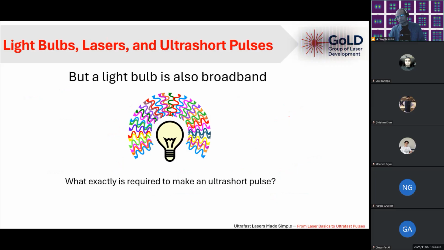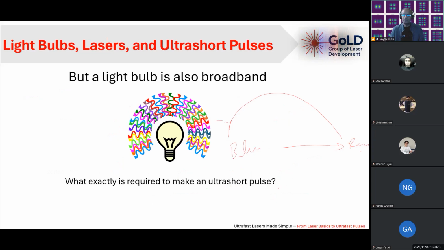Now, a simple question: light bulbs, lasers, and ultra-fast pulses. We know that the light bulb is incoherent. But in case of ultra-fast pulses, we need a broad spectrum. In case of a bulb, we have a broad spectrum. White light spectrum is very broad as well. If you use a spectrometer and take the spectrum, it will be very broad, from blue to red.